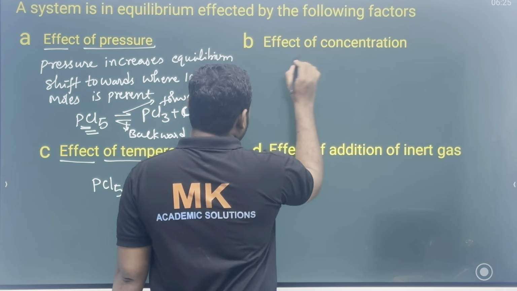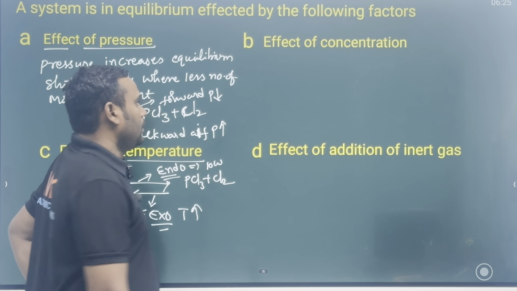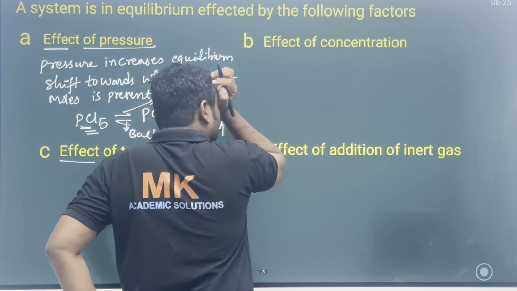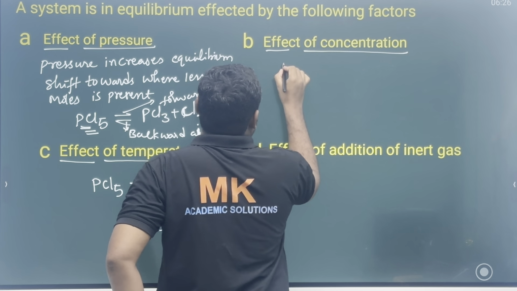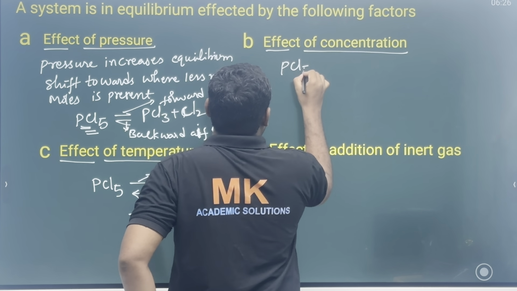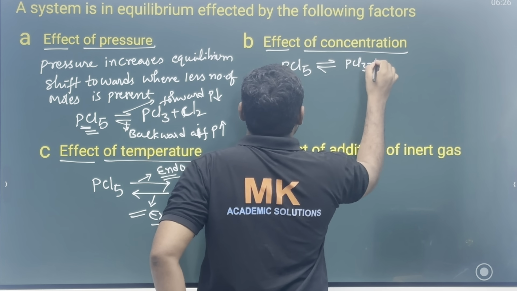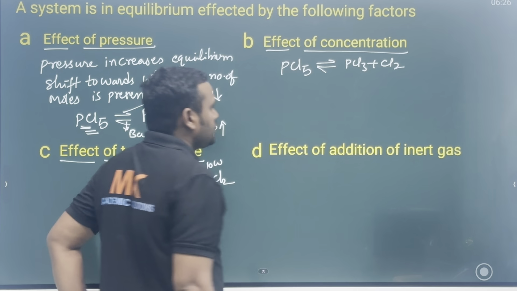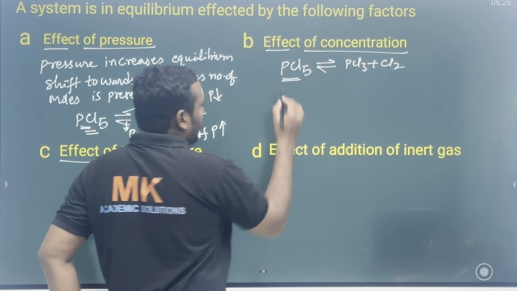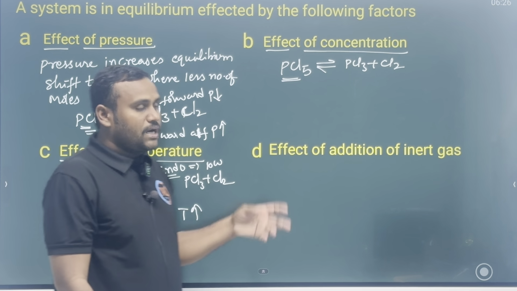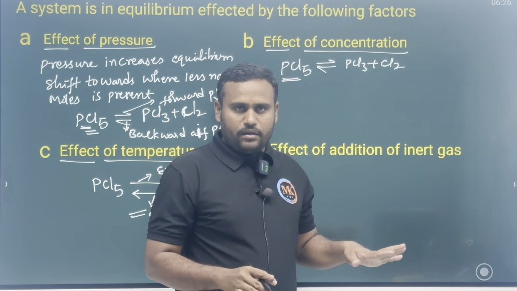Next, the effect of concentration. These two terms you can take as generalizations, as I told you. See here, PCl5 gives rise to PCl3 plus Cl2. Let us assume equilibrium is established.